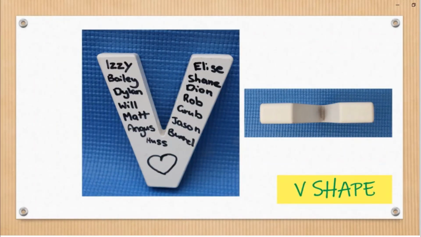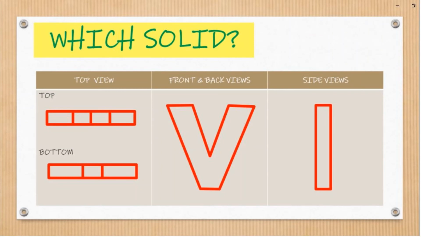And the reason why the bottom view on the previous slide showed narrower rectangles or lines in the middle there is because you can see that there's only the 2 bottom edges of the bottom of the V, but you can still, from the bottom, see the top of the V, which is why you've got the full width of the rectangle. But there's the extra central line that you would see if you were looking down from on top.